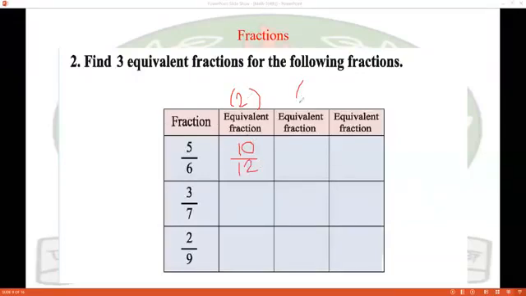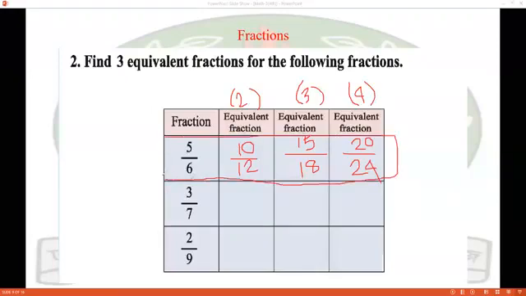Here we will multiply by 3. When you multiply 5, you get 15. When you multiply 6, you get 18. Here we will multiply by 4. When you multiply 5, you get 20. When you multiply the denominator 6, you get 24. So these 4 fractions are equivalent fractions.